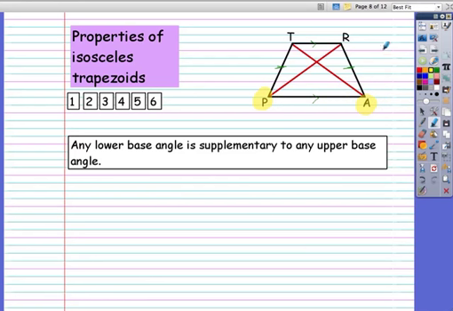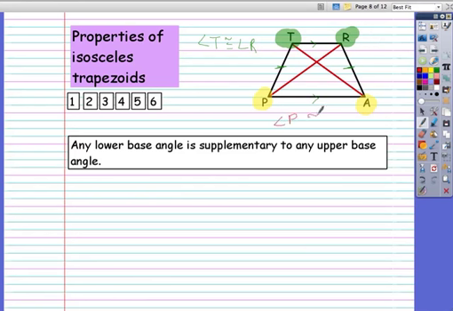And we also have the consecutive angles of the top base. We have T and R, and they are congruent. So in this case, angle T is congruent to angle R, okay? And I don't want to write in yellow down here.